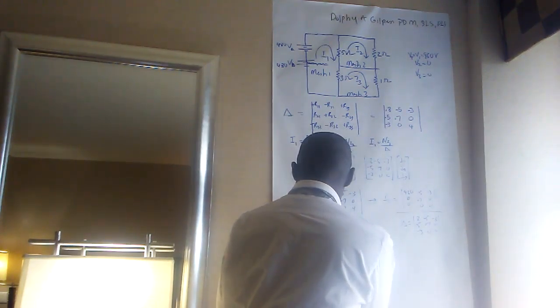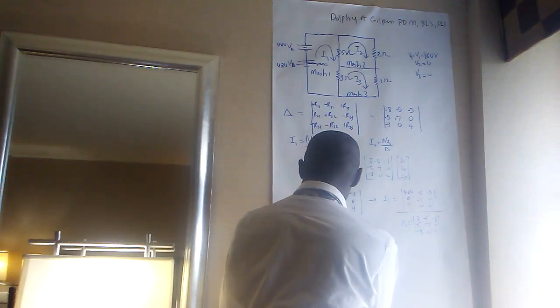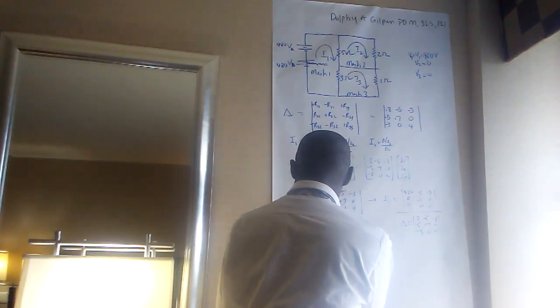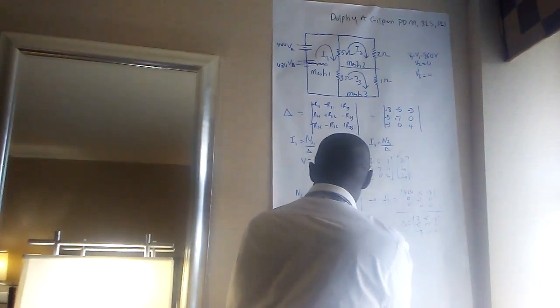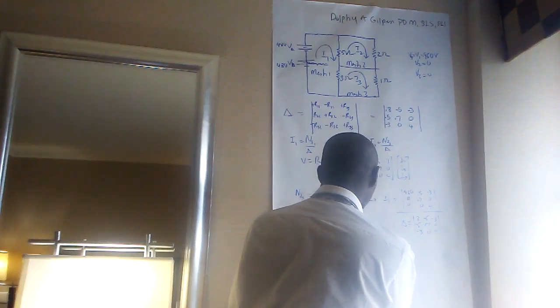We say that that's equal to 960. That is Ni1 equal to 960 into 7004.